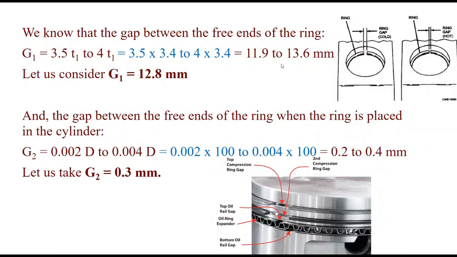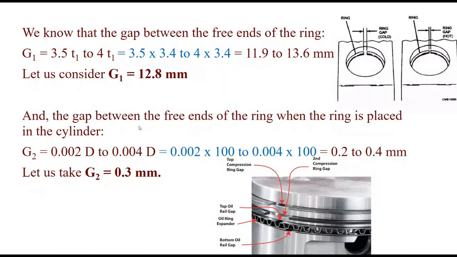In between, somewhere, we can take G1 as 12.8 millimeter. So this should be the gap between the free ends of the ring when the ring is placed outside, that is, we have not yet inserted the ring inside the cylinder.